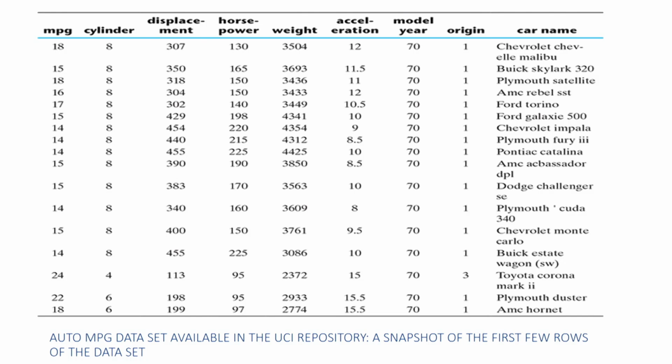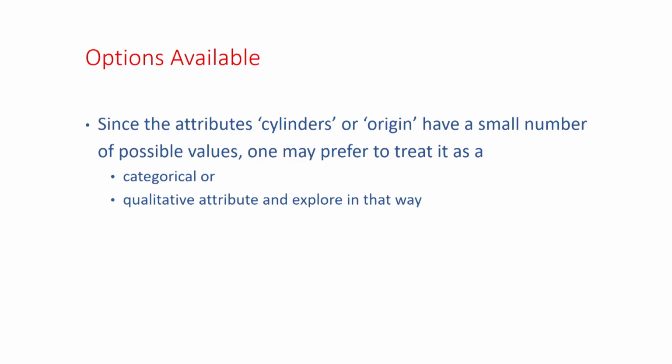So, in this case we can treat this feature as a categorical feature, and take 8, 4 and 6 as names rather than numbers. It depends on how you are representing or understanding your data set. So, depending on the problem you need to treat features as categorical or continuous.